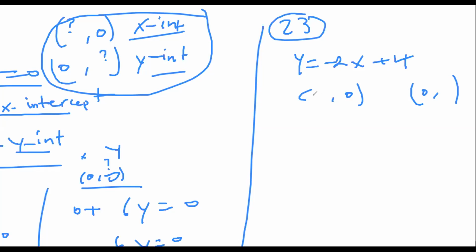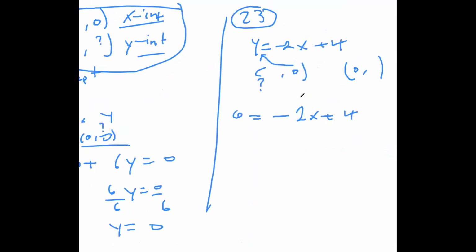What are we missing here? X. We're missing the x. So we're gonna plug the y. The y goes here. We need to find the x. So if you put 0, 0 equals negative 2x plus 4. And you solve this. We're gonna solve this for x.